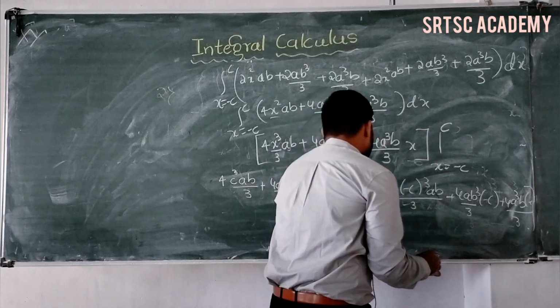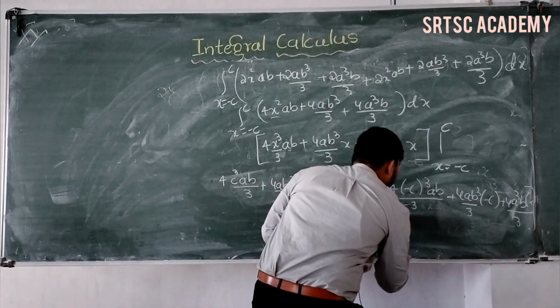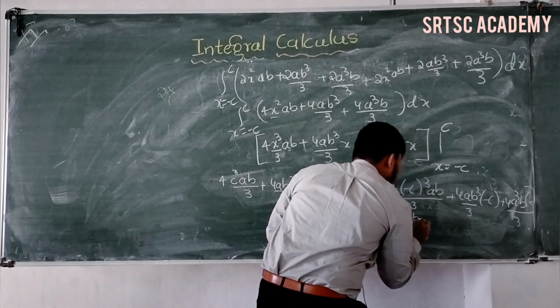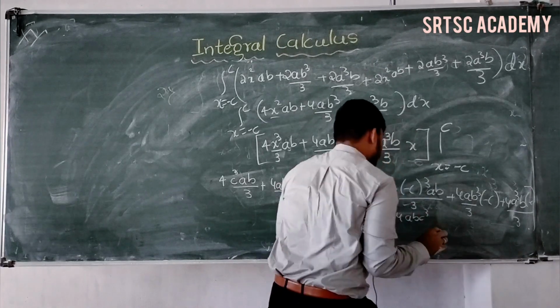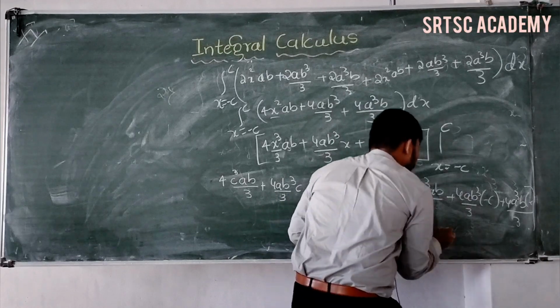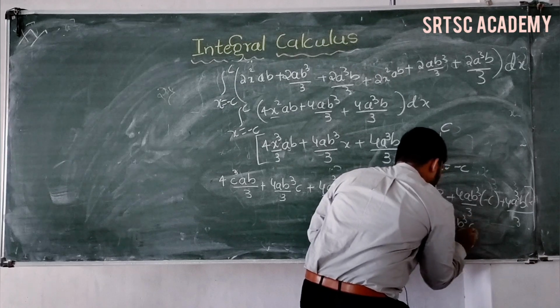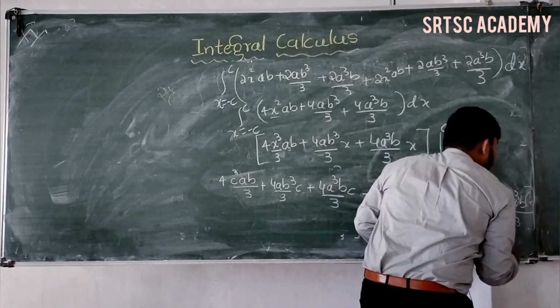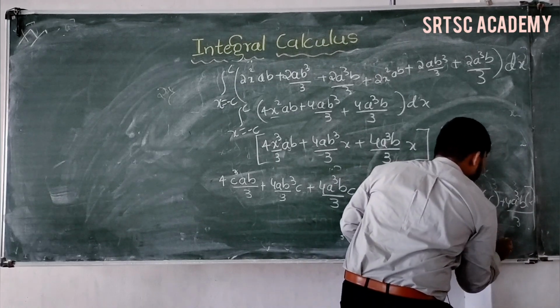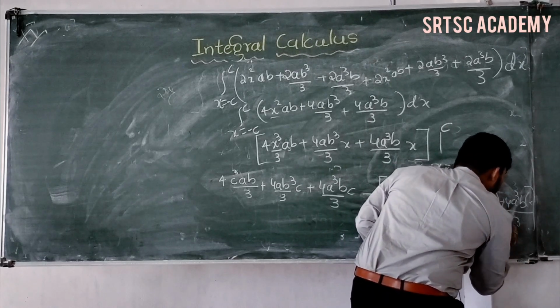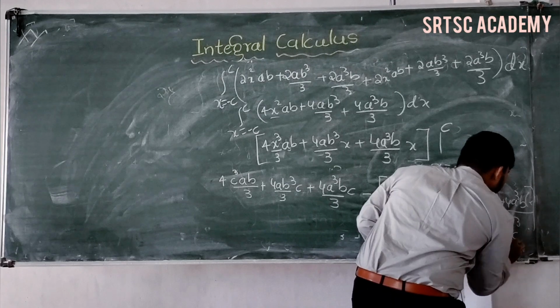Now it becomes what? Minus 4abc³ minus 4abc³ divided by 3, minus 4ab³c divided by 3, plus, so plus into minus is what? Minus 4a³bc divided by 3, right?